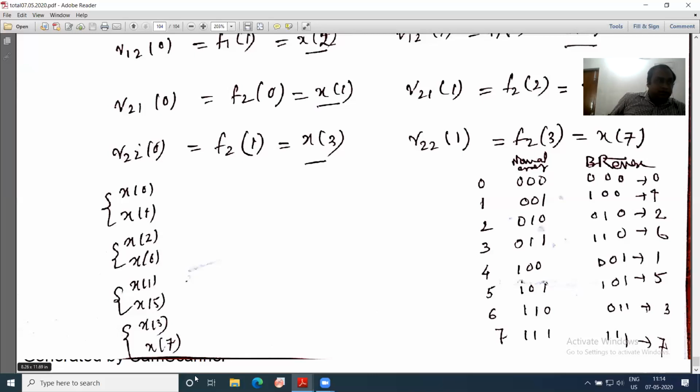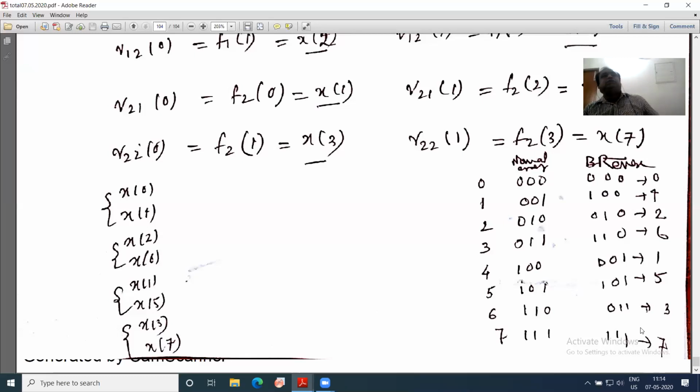Then how do you remember this? To remember, you write 0, 1, then make the reverse order, then you take the combination from the beginning: 0, 4, 2, 6, 1, 5, 3, 7. Okay. So this is what the algorithm is.